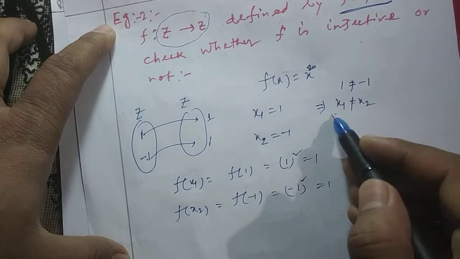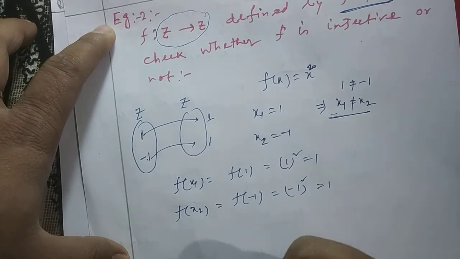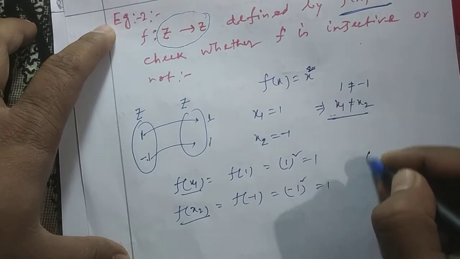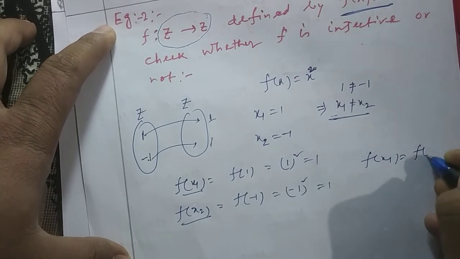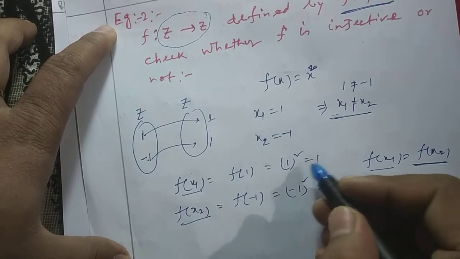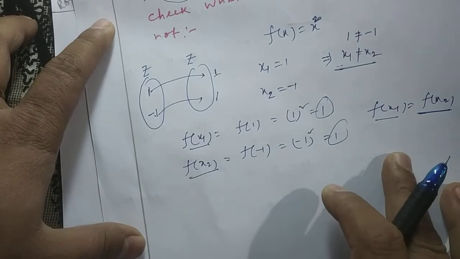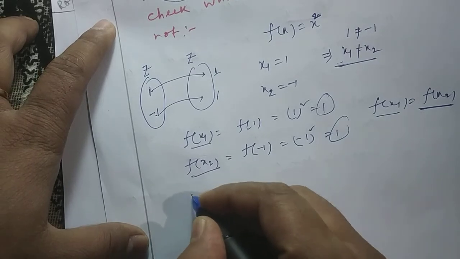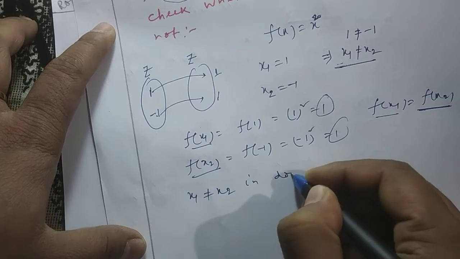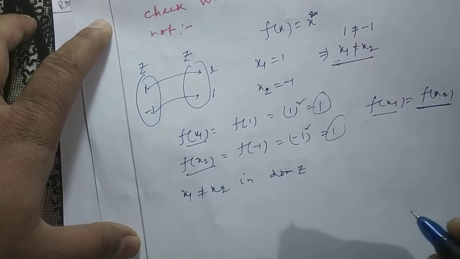So here we have chosen two distinct elements 1 and minus 1, but eventually they are giving the same images. They are giving the same images because here f(x1) equal to f(x2), both are 1.